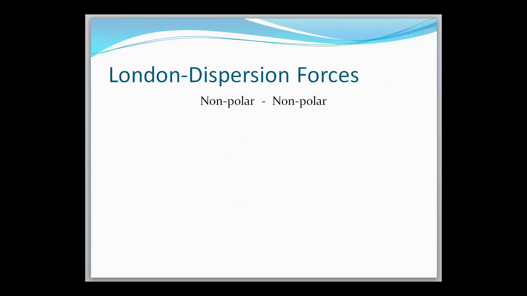When you have nonpolar compounds, for example, let's say we have our carbon dioxide. Let's draw our lone pairs there. Since we don't have an overall charge, there is no dipole here, so there's no dipole interactions.